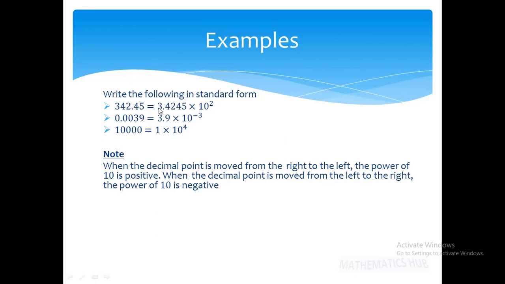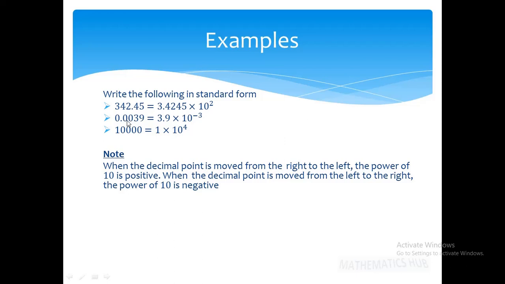When we move our comma 2 places to the left, our answer would be 3.4245, and we multiply that by 10 to the power 2. The 2 is coming from the fact that we moved our comma 2 places, and our 2 is positive because we were moving from the right to the left.